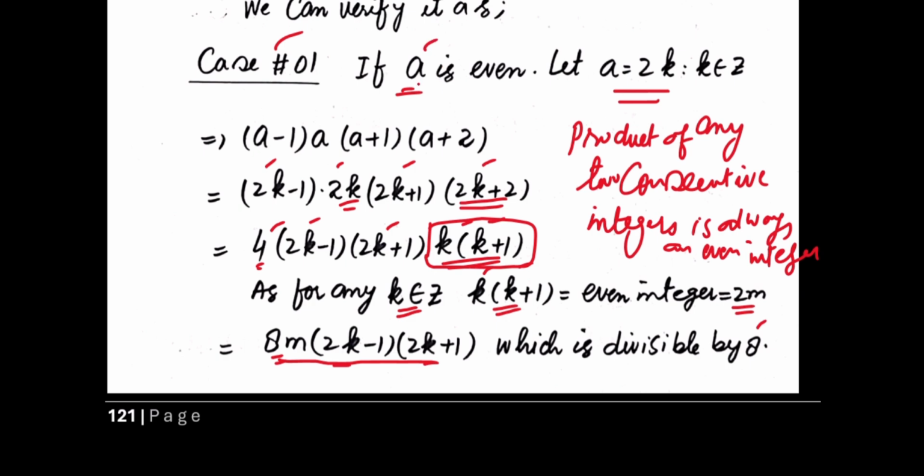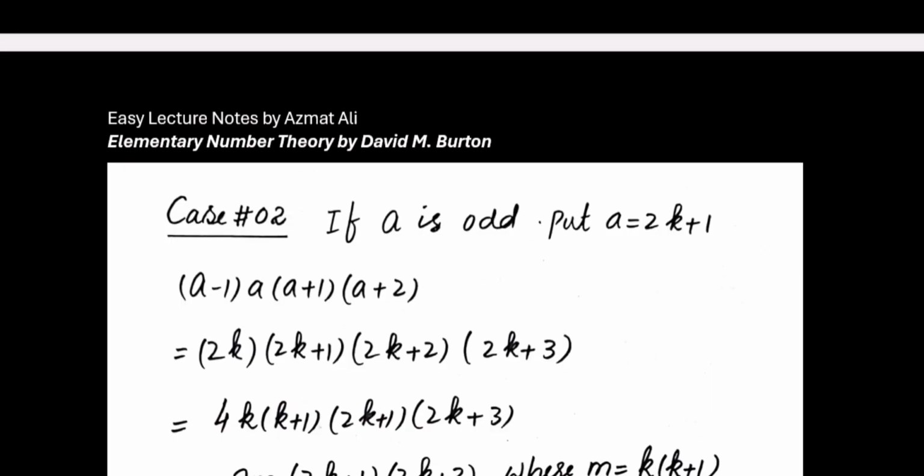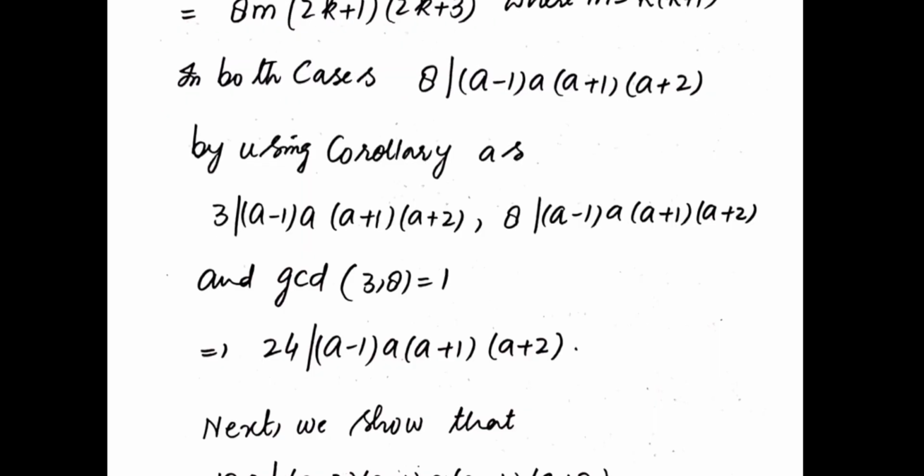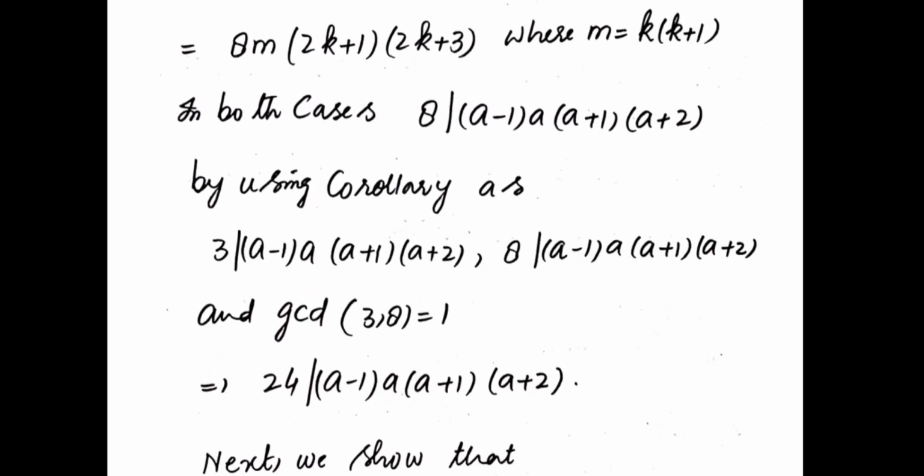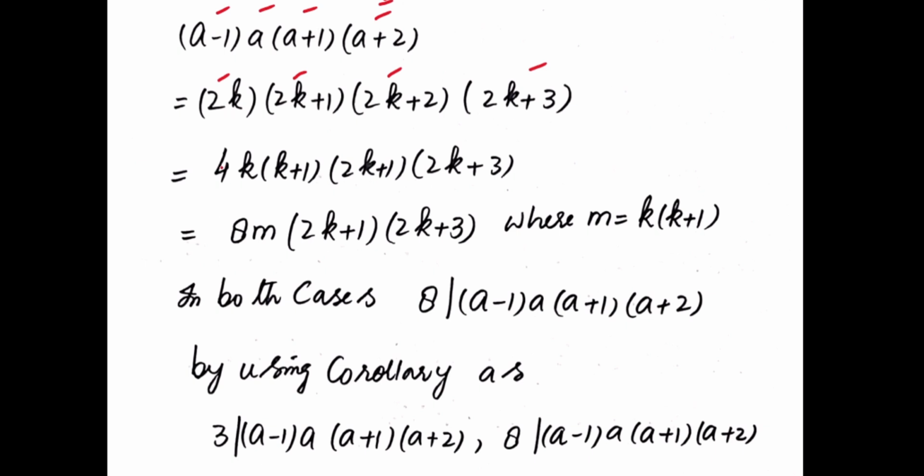Suppose now a is odd. If a is odd, then a should be of the form a equals 2k plus 1. So whenever you replace a equals 2k plus 1 in all factors, we have 2k plus 1, 2k plus 2, 2k plus 3. By taking 2 common from this bracket, we have 2 into 2k, 4k into k plus 1, this is 2k plus 1, 2k plus 3.